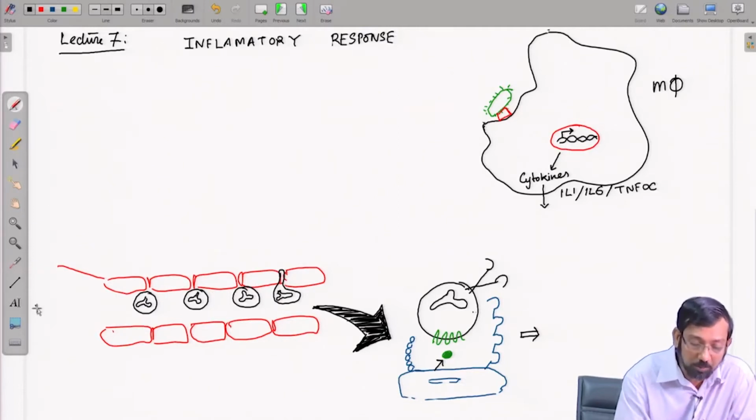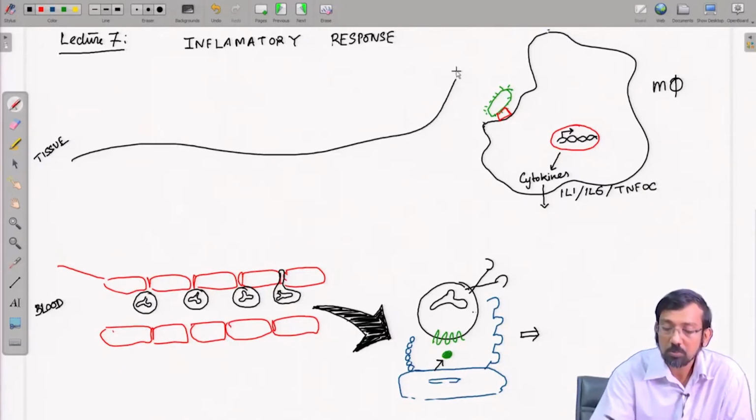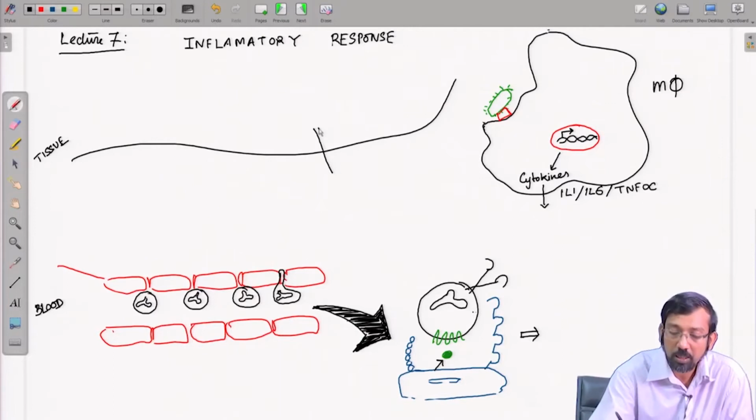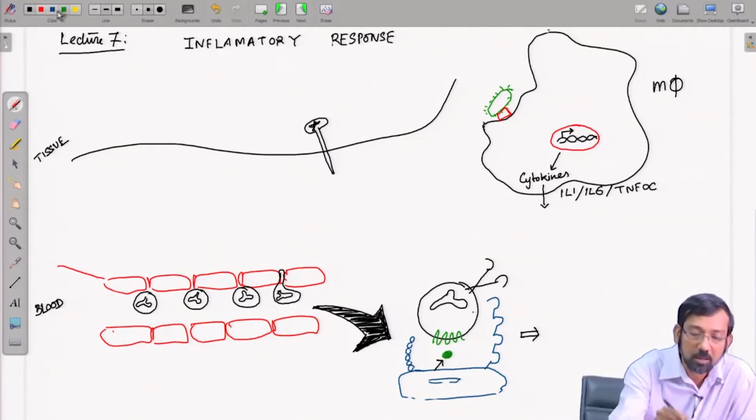This is the blood part, and let us say this is the tissue. Here we have damage on the tissue, maybe due to a nail piercing or something like that.